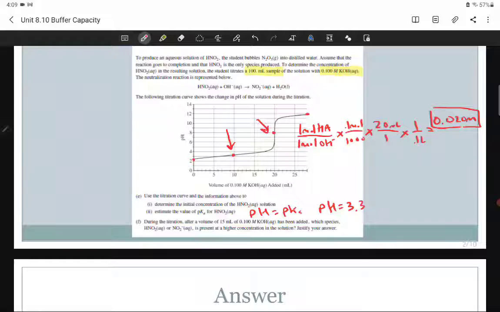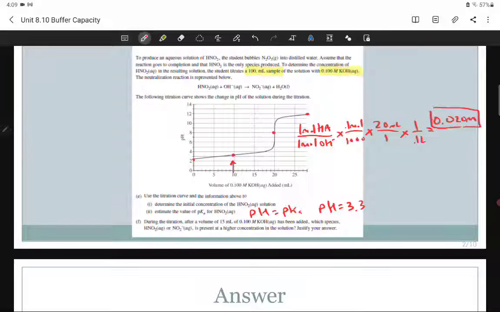In part F, during the titration, after a volume of 15 milliliters of 0.1 molar KOH has been added, which species do you have more of? So let's go back and talk about these points. At the halfway point, you have equal concentrations of those two items.